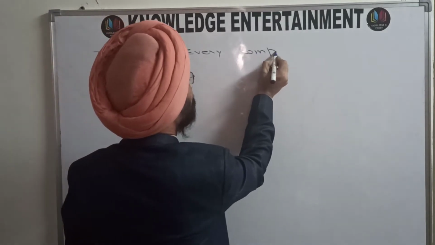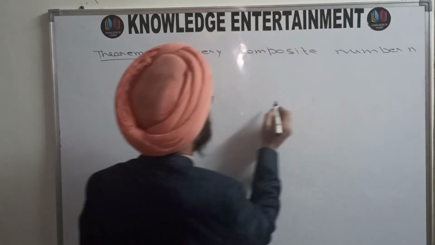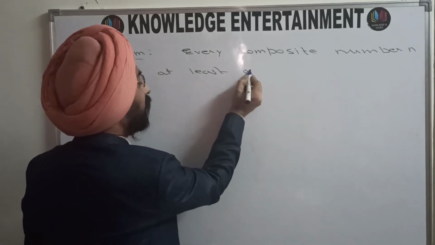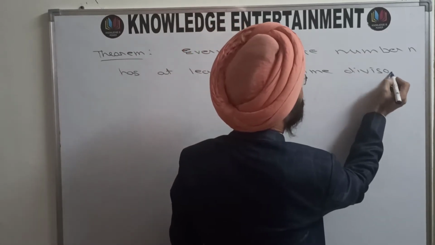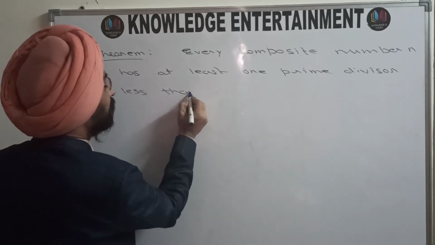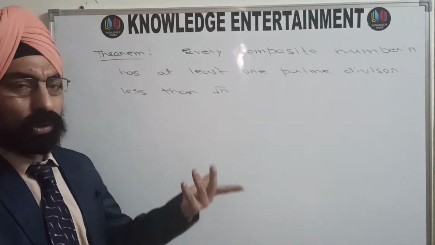The first thing is a theorem: every composite number n has at least one prime divisor less than or equal to the square root of n.